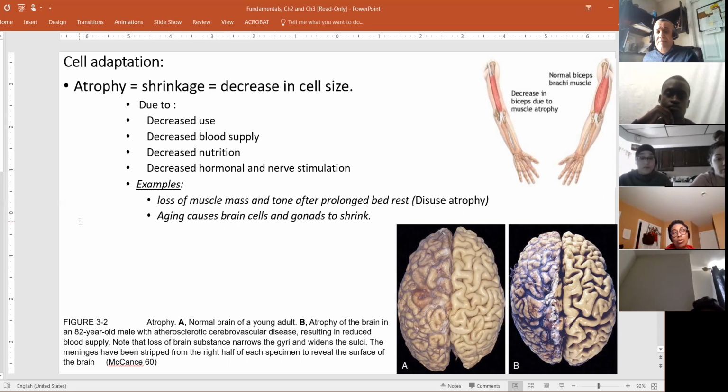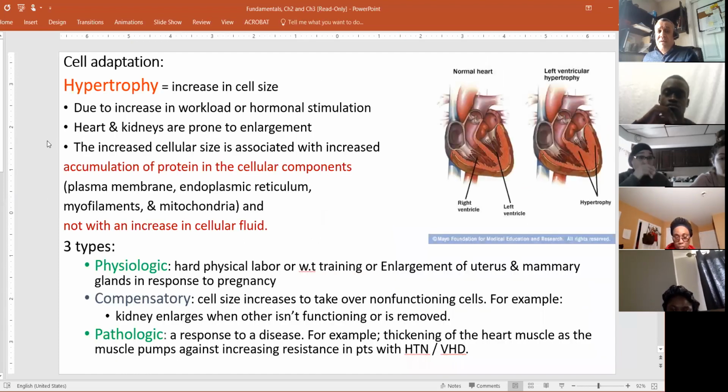So aging could result in brain cells and gonads shrinking to some extent, but mostly it is the disuse atrophy that would result from neurologic conditions like a stroke, paraplegia, and so forth.